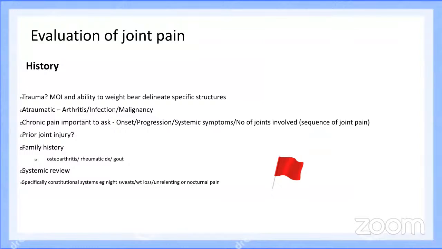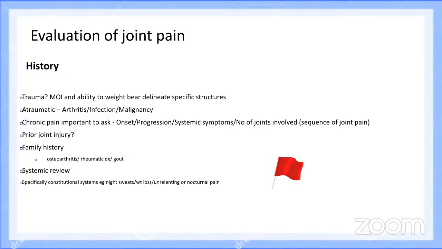Okay, so in evaluation of joint pain, we are all aware of how to take a history. We've been doing it for many years now. But just to point out specific things in terms of the etiology. If we are dealing with acute pain, was it trauma?